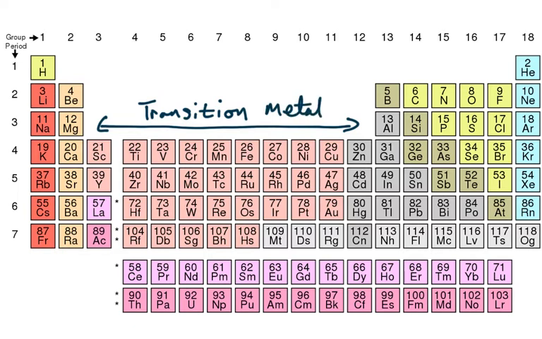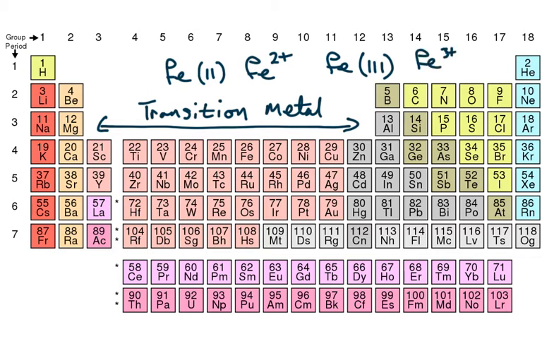You will be told the charge on the ion. So for example, you might have Fe in brackets 2. That means that the ion is going to be 2+. You might equally have Fe in brackets 3. It's always in Roman numerals, and that means that it's a 3+ ion.